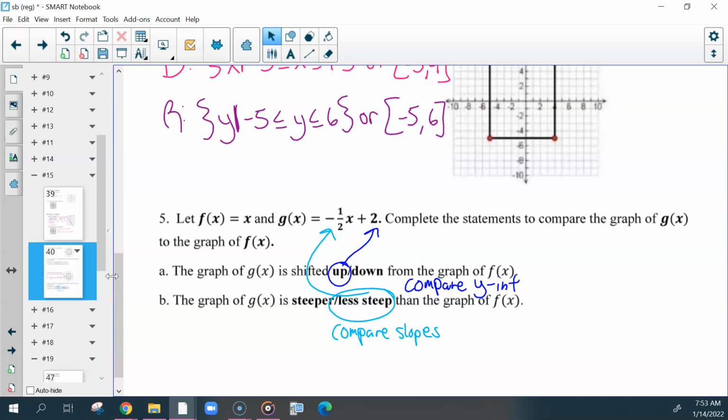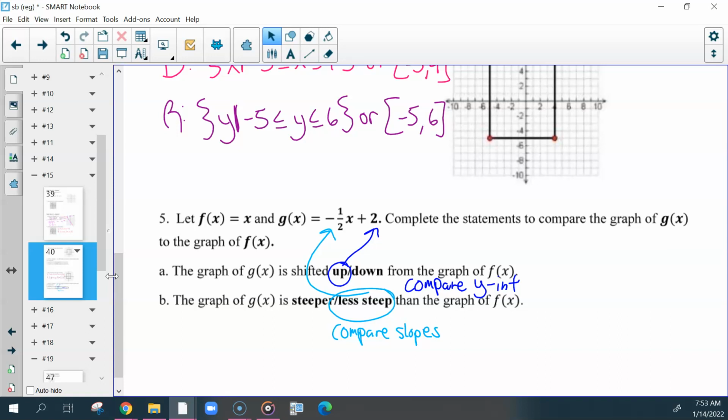So in order to compare these, you have to look at the slope for one and the y-intercept for the other. When it's talking about shifted, it's talking about the y-intercept. You're comparing this y-intercept to this y-intercept. This is 2, this is 0. So 2 is higher than 0, so you can say this is shifted up.